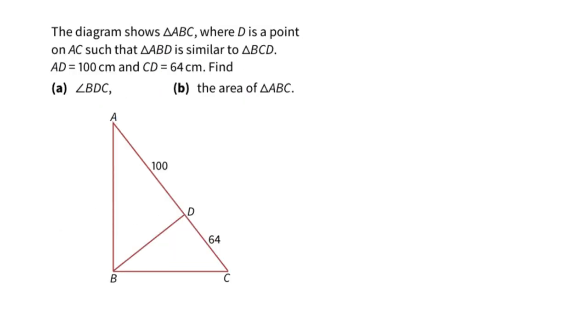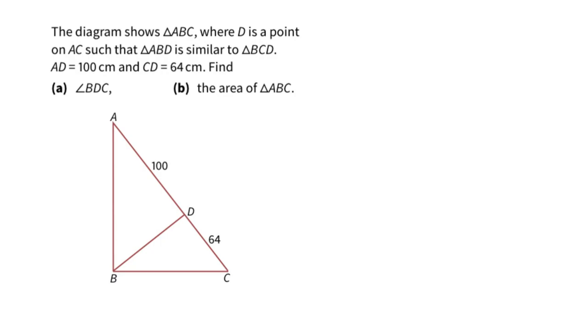Hello everyone, welcome to this video where we are given this triangle ABC, and D is on the line AC, such that there is a pair of similar triangles ABD and BCD.